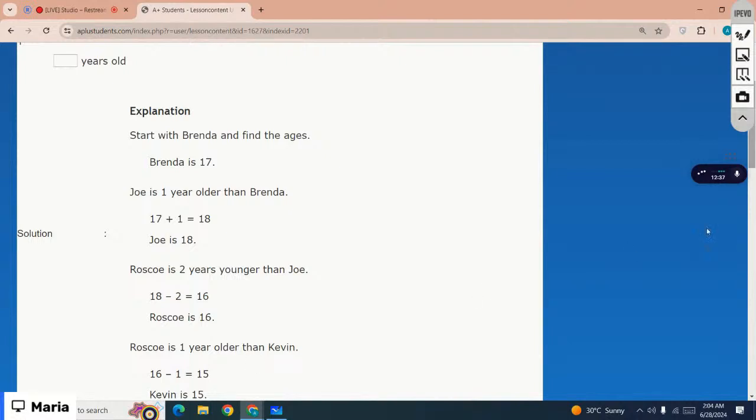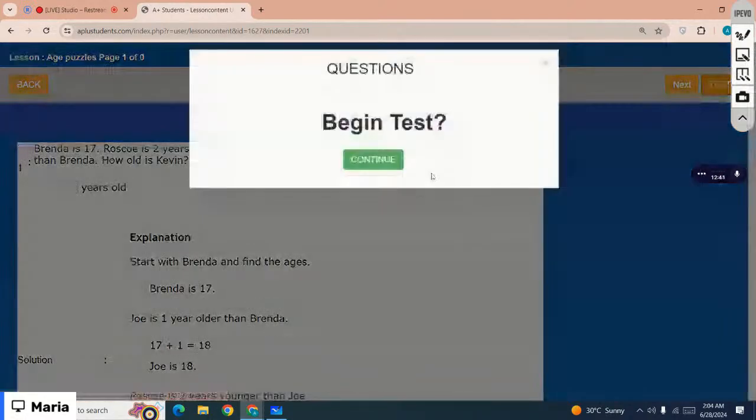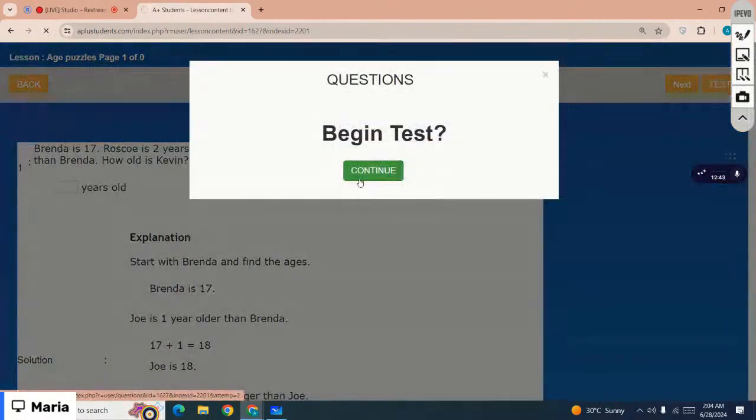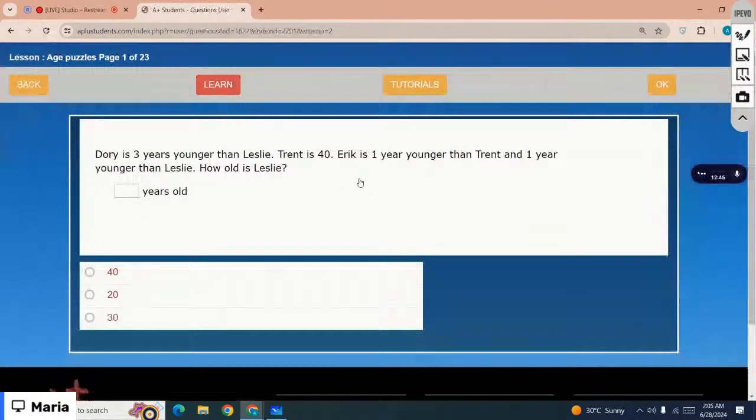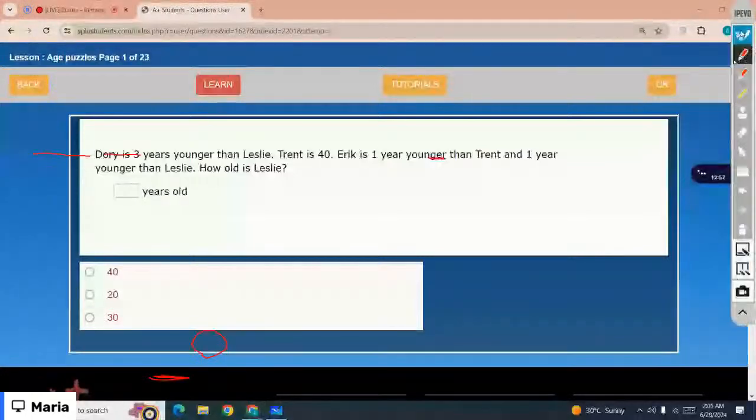Okay, let's start with the practice questions. Dory is 3 years older than Leslie. Trent is 40. Eric is 1 year younger than Trent and 1 year younger than Leslie.